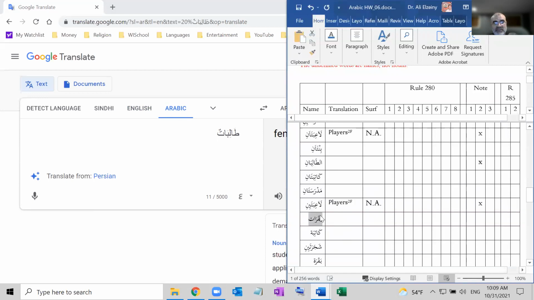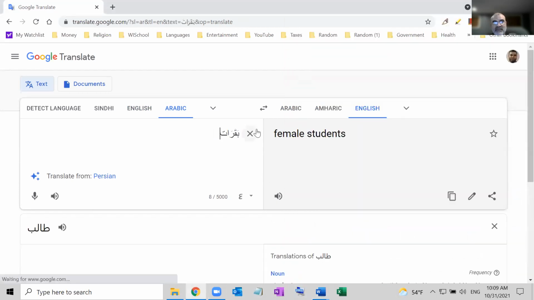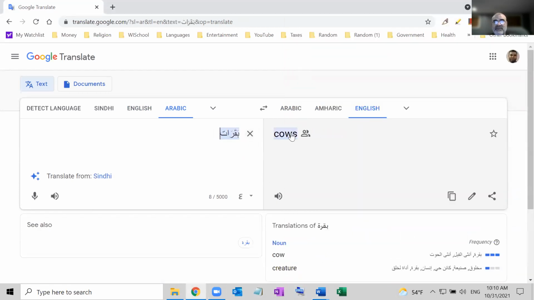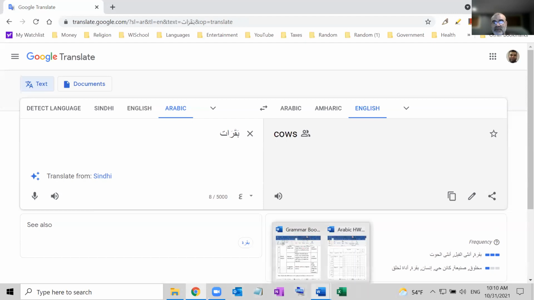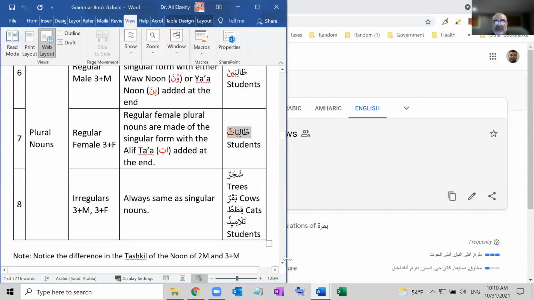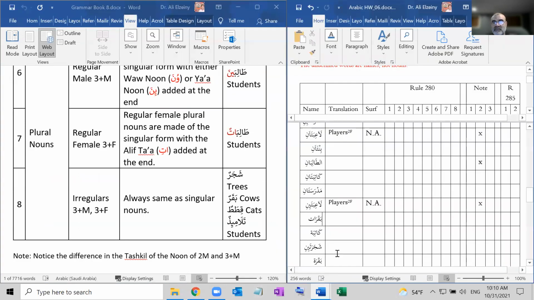I'm sorry, I was supposed to do Baqarat. We're talking about Baqarat here. Cows. Okay, so we go here, and here it's cows.